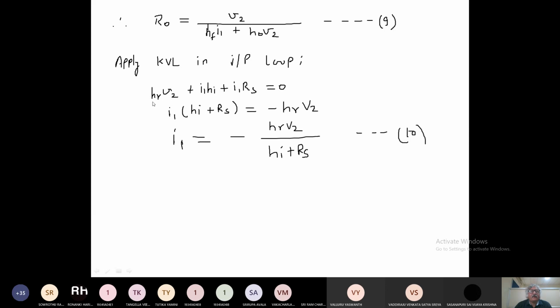So from this we got the equation HR V2 plus I1 HI plus I1 RS is equal to 0. Now if you see our equation number 9, if we are able to eliminate this I1, then we can get the value of R naught.